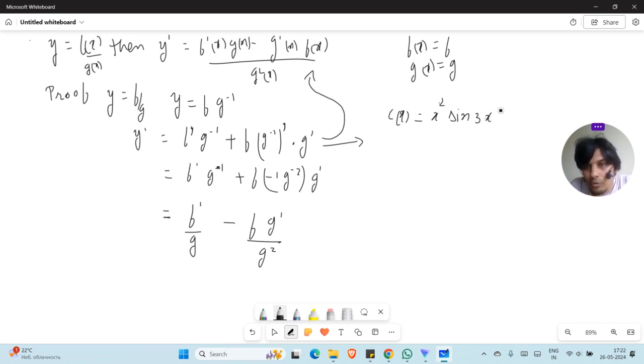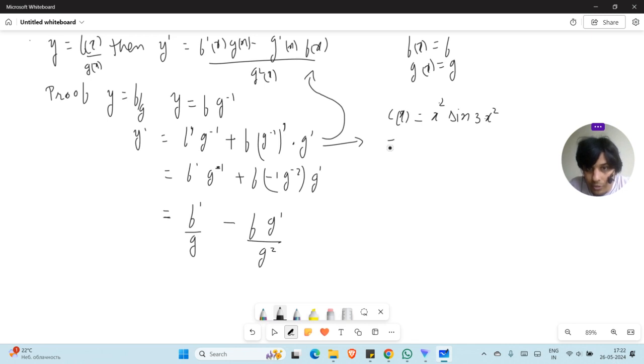Let's make it more complicated. Now if you want to differentiate this, how are we going to do it? We differentiate the first thing and keep the second thing, then keep the first thing and differentiate the second thing. Now while differentiating the second thing, there are a bunch of things that we need to do.